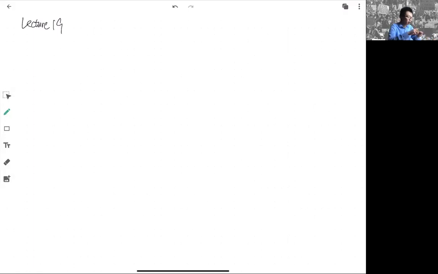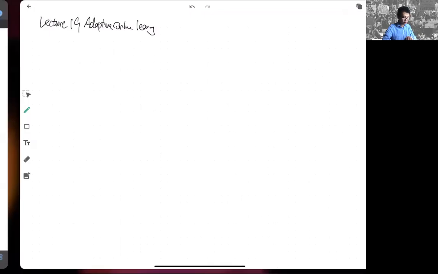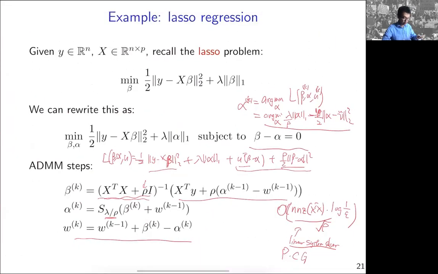And then I will move on to our final advanced topic lecture on adaptive online learning, where I'm going to address some of the questions that were posted on Piazza about the weakness of online learning and maybe how we can design algorithms that can do better in dynamic and non-stationary situations. Okay, so we'll first move to the end of the last lecture.